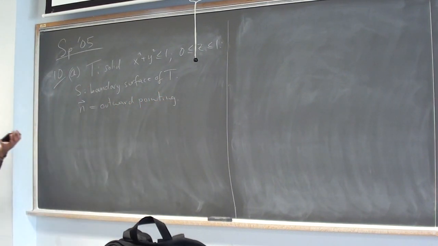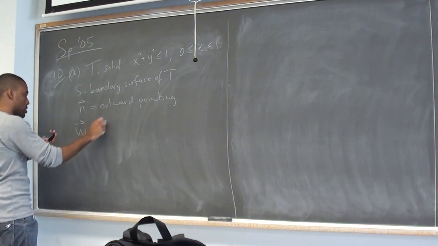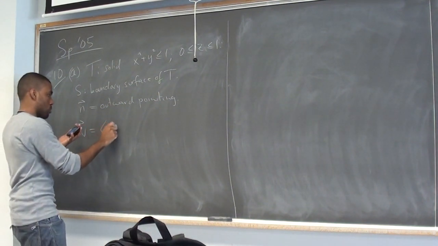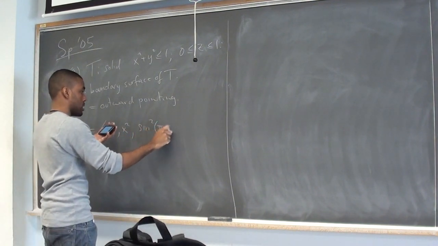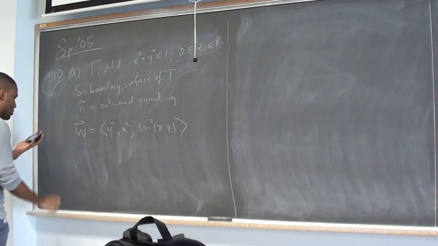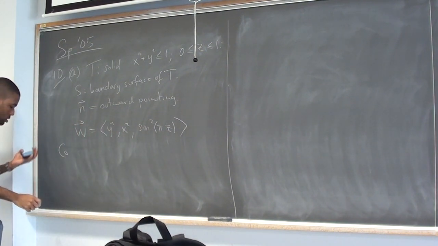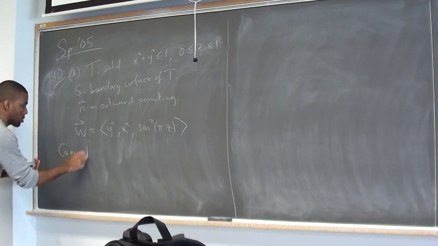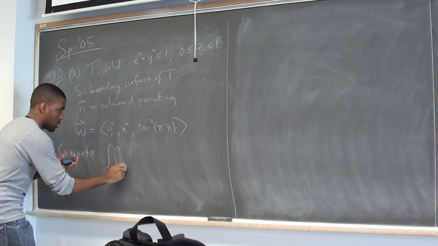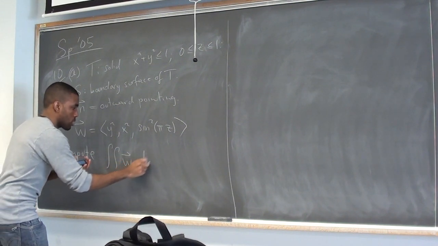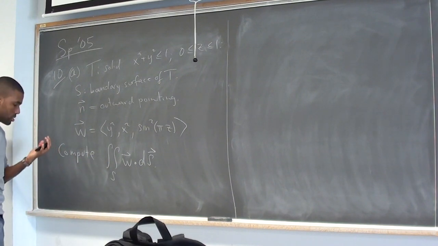In other words, it's a positive orientation. And my W is a vector field y squared, x squared, sine squared z.